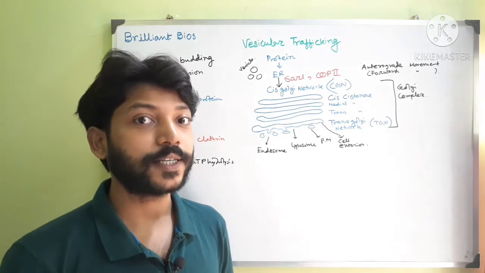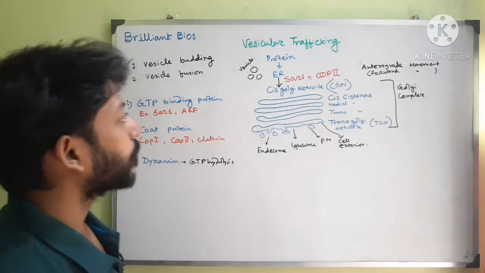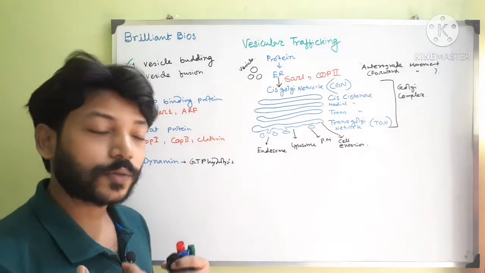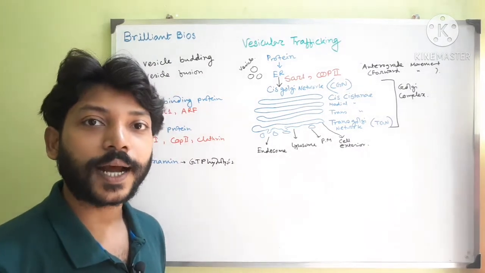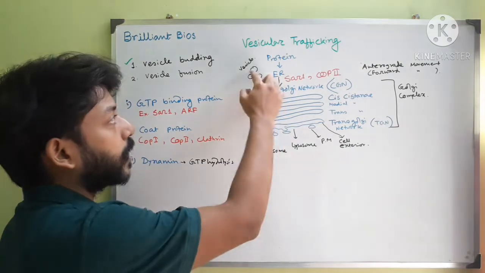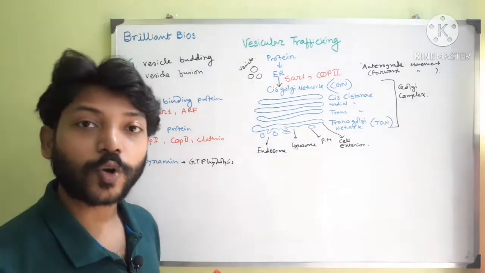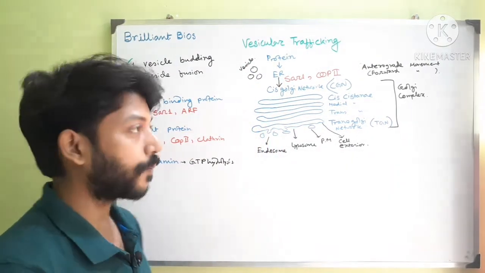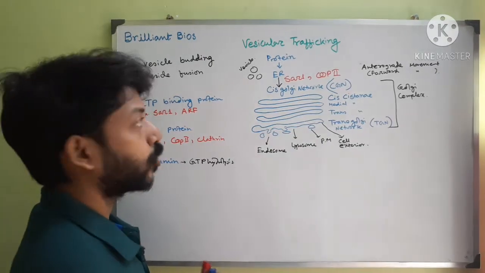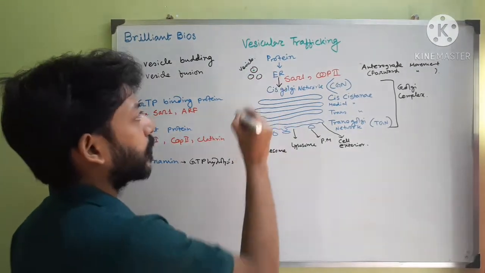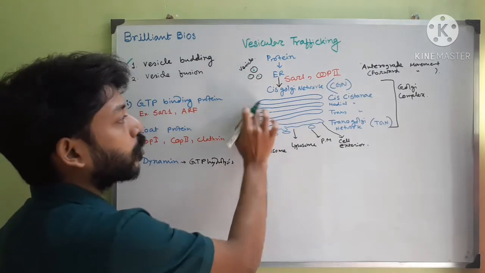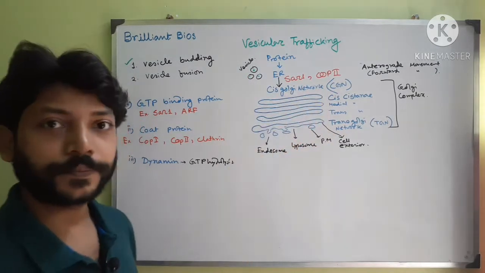But another thing can occur. Sometimes some endoplasmic reticulum proteins are wrongly sorted inside the vesicles. Some endoplasmic reticulum protein that should be present only in the endoplasmic reticulum can come out in these vesicles and fuse with the cis-Golgi network.